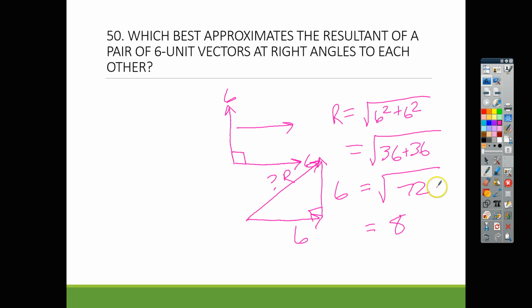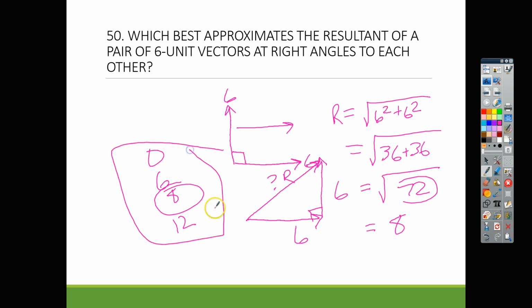Okay, 6 times 6, 7 times 7 is 49. That's not one of the answers. Your answers to choose from on this one are 0, 6, 8, and 12. 8 times 8 is 64. That's really close to 72. 6 times 6 is 36. That's nowhere near. And 12 times 12 is 144, and that is way too big. So your best number here that you're going to pick when you see the answers, which are right here, is going to have to be 8 because it is the closest.